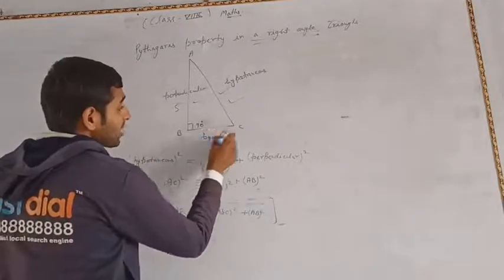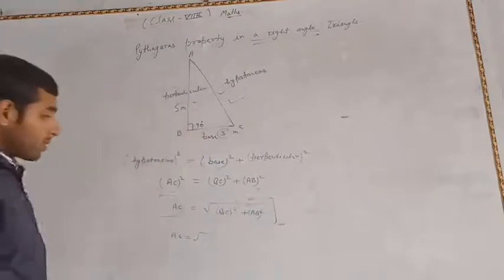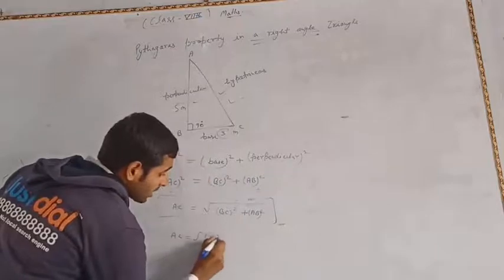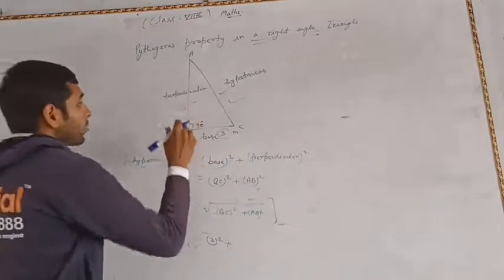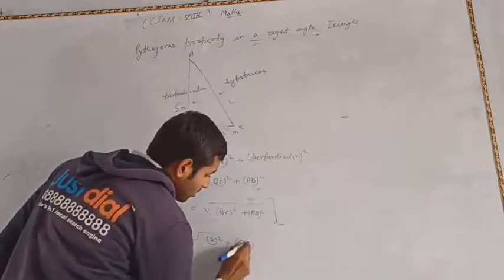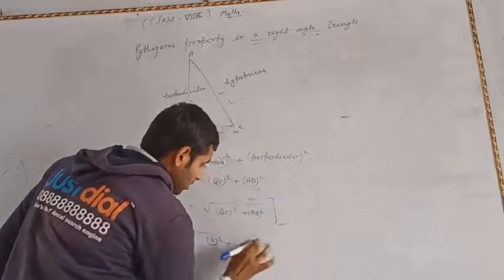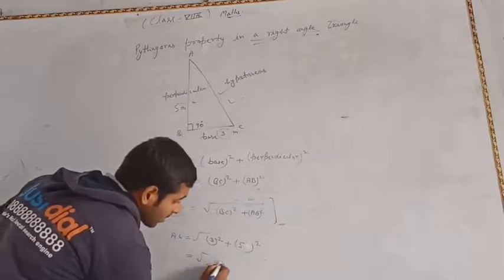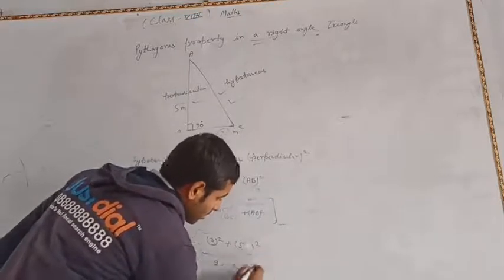Here BC is 3 meter, we take the unit as meter, so base is 3 meter, and AB perpendicular is 5 meter. So 3 square plus 5 square: 3 3 is 9, plus 5 5 is 25, in meter square.